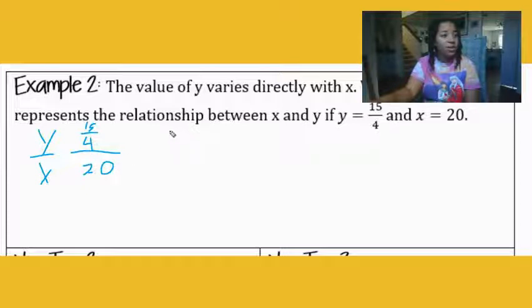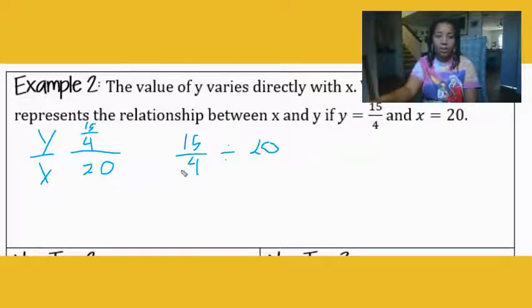Okay, you can also write this like this, divided by 20. Okay? And then type that in your calculator. You can type this in your calculator and see what you get, and it'll give you the answer.